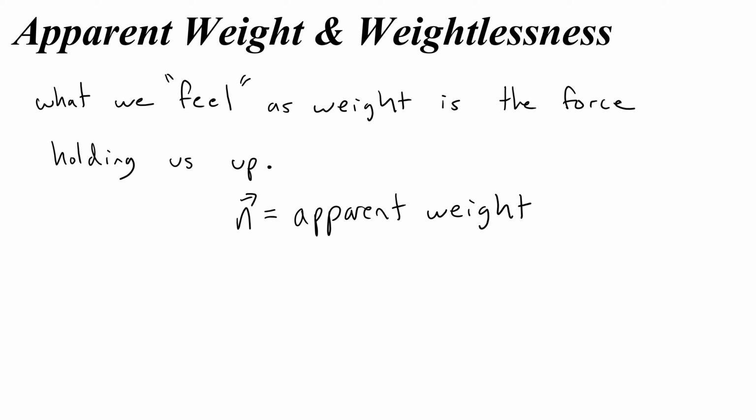So the normal force is your apparent weight. Like on a roller coaster, at different points on the ride, the seat supports you more or less, and you will feel heavier or lighter depending on how much support that seat has to give you. Now, eventually you can get to a place where the normal force is not acting on you, and that's when you're in free fall.